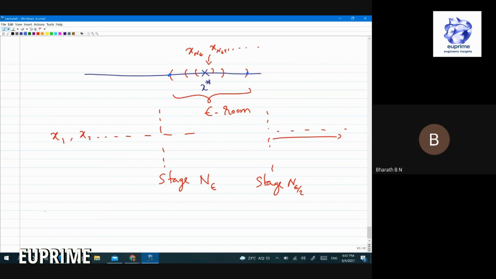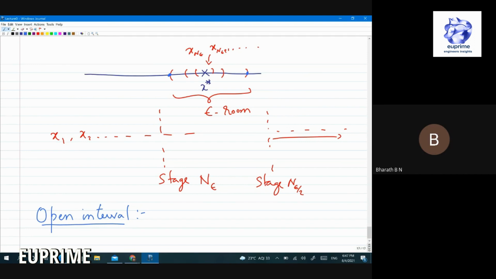So let's look at what is known as open interval. What is an open interval? You look at all the numbers between two numbers, let's say a and b, but a and b should not be included.